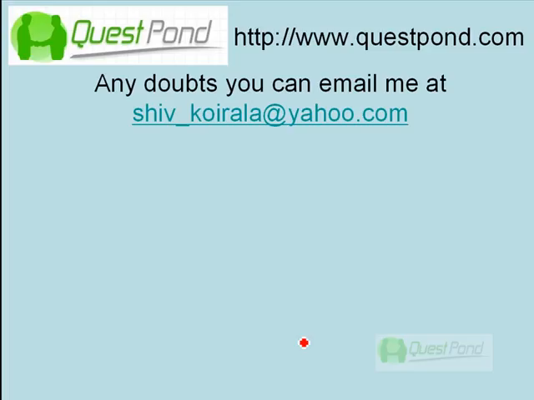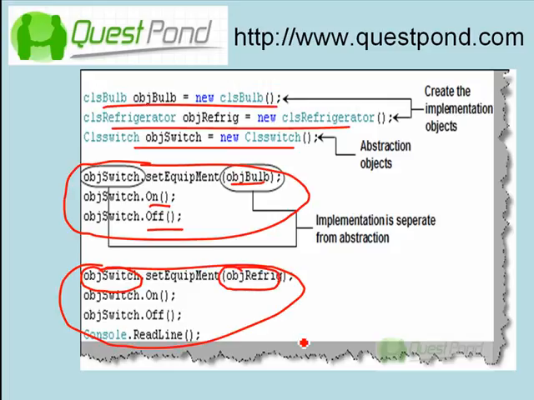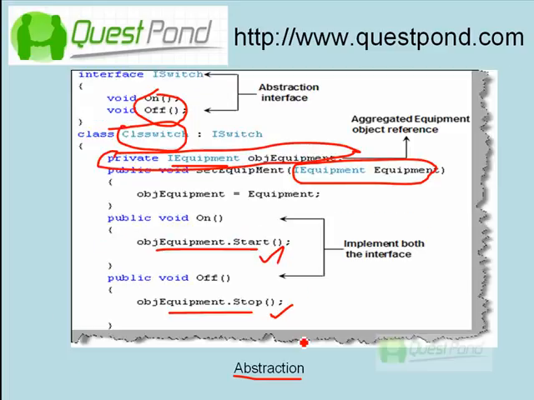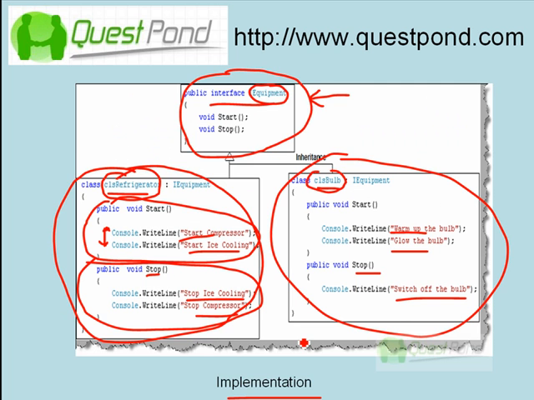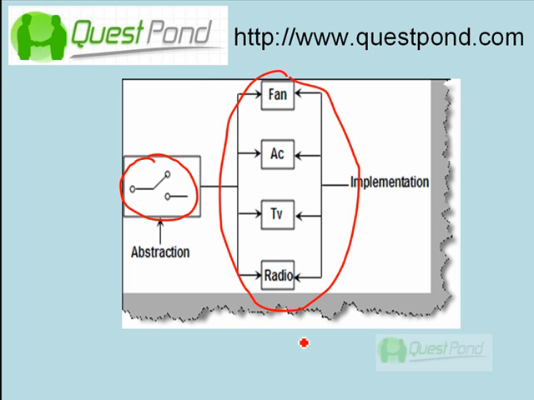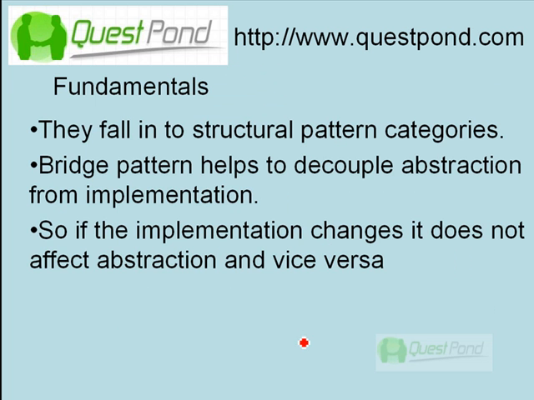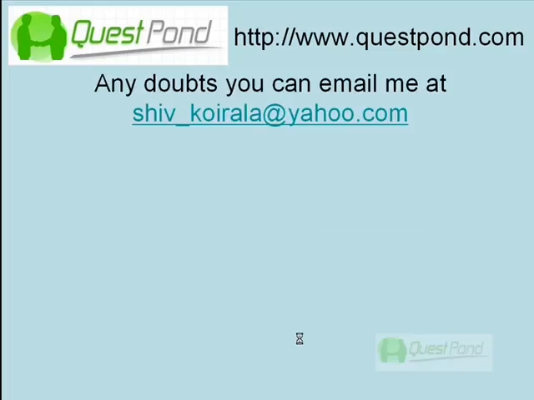We have gone through so many design patterns till now, so what you can do is keep a list of design patterns with you, along with a simple definition of each. Whenever you have a problem, you just look at the list.